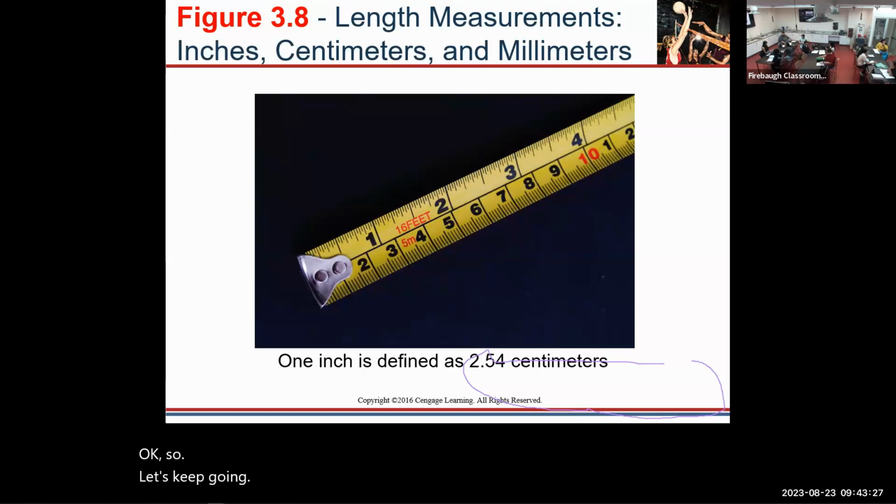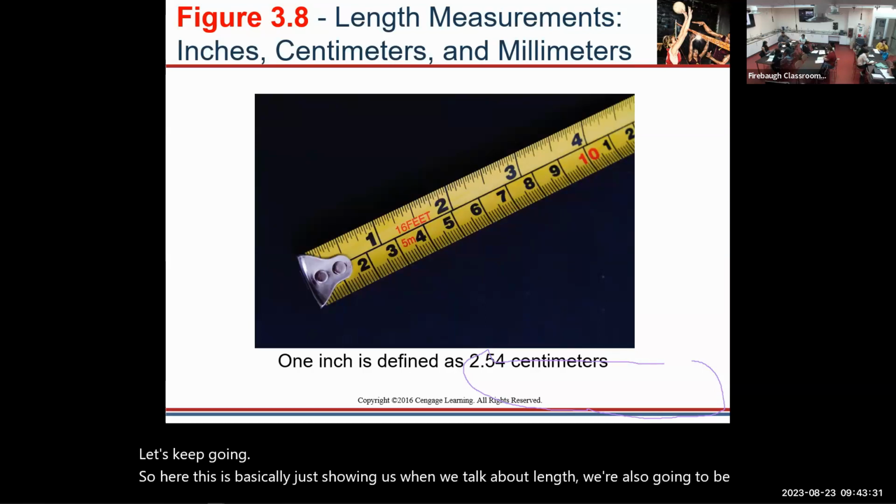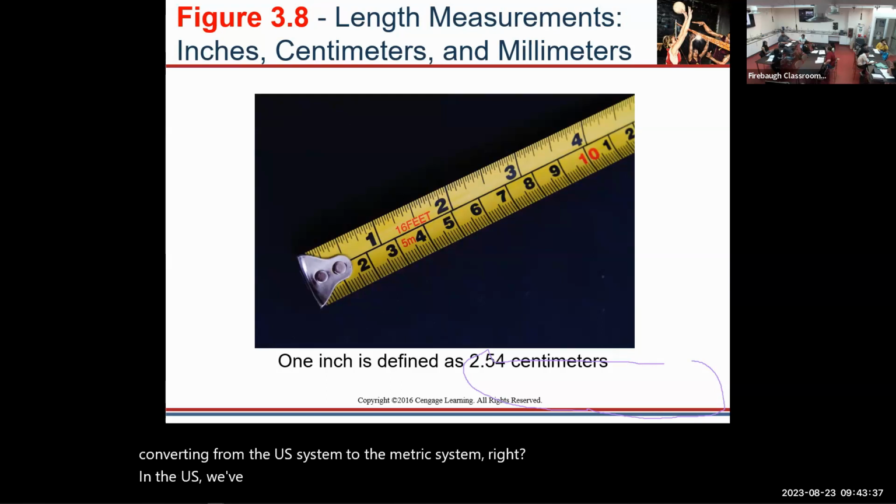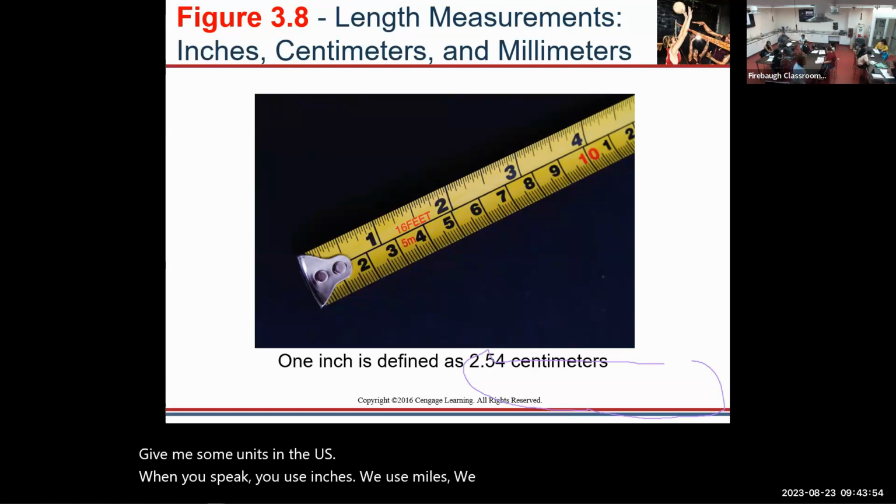Here, this is basically showing us that when we talk about length, we're often going to be converting from the US system to the metric system. In the US, we've been so accustomed to using the US system. What do we use for distances? We use feet, inches, miles, yards.